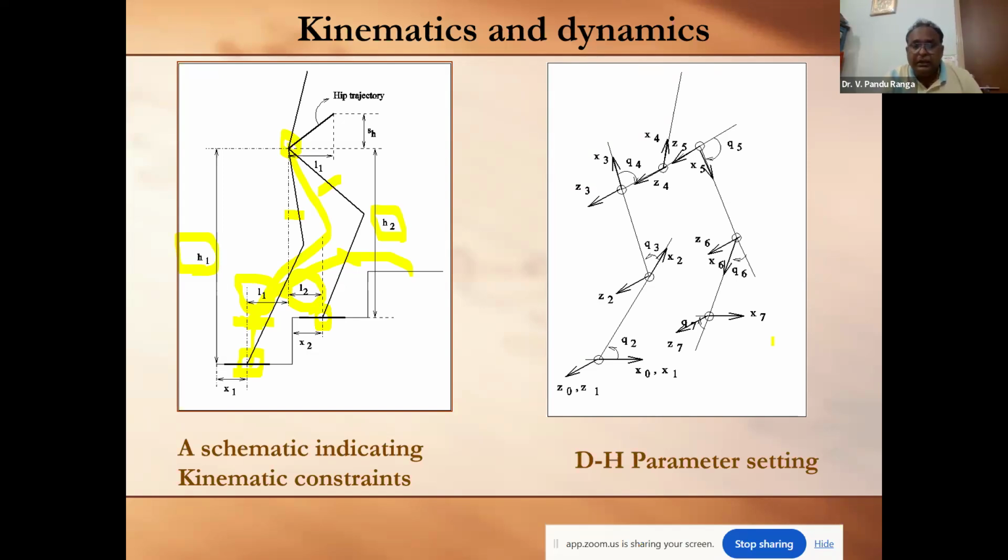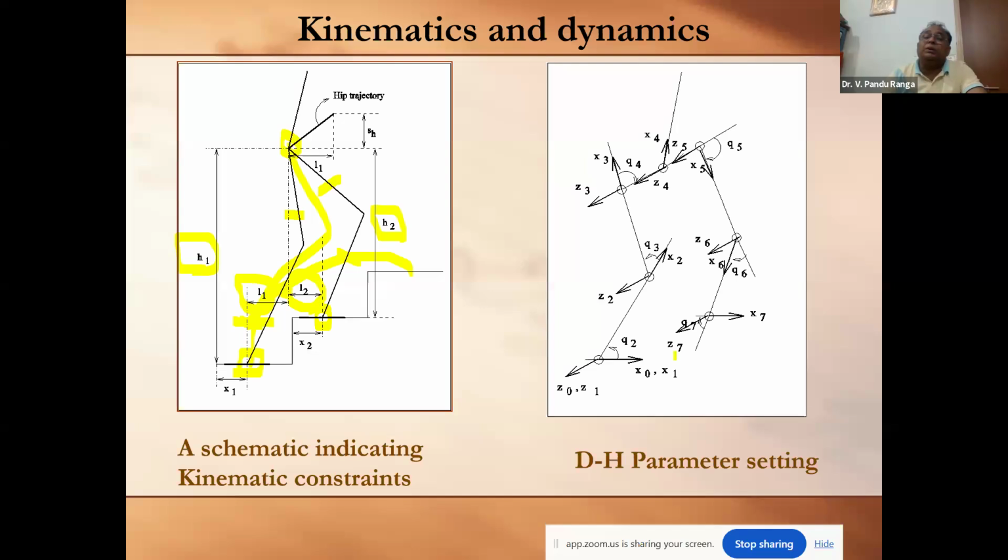These parameters are very essential to determine the kinematic and dynamic behavior. Dynamic behavior means the equation of motion and the torque required at each and every joint in order to execute the desired gait. For that, this parameter setting is very essential.